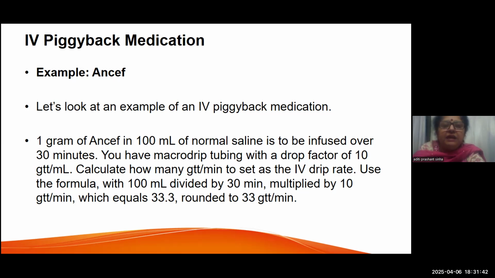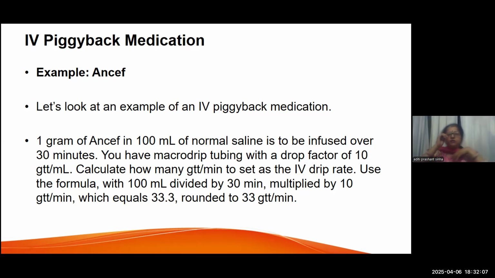Let us look at the example of IV piggyback. 1 gram of NSAID in 100 ml of normal saline is to be infused over 30 minutes. Now you have macro drip tubing with a drop factor of 10 drops per ml. Calculate how many drops per minute to set as the IV drip rate, and use this formula with the 100 ml divided by 30 minutes.